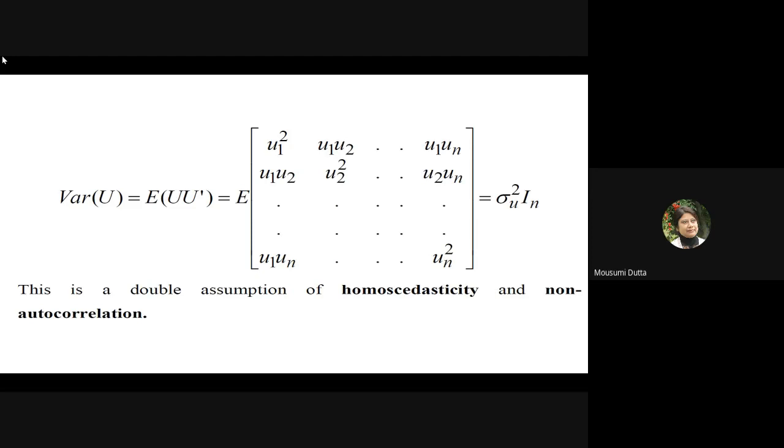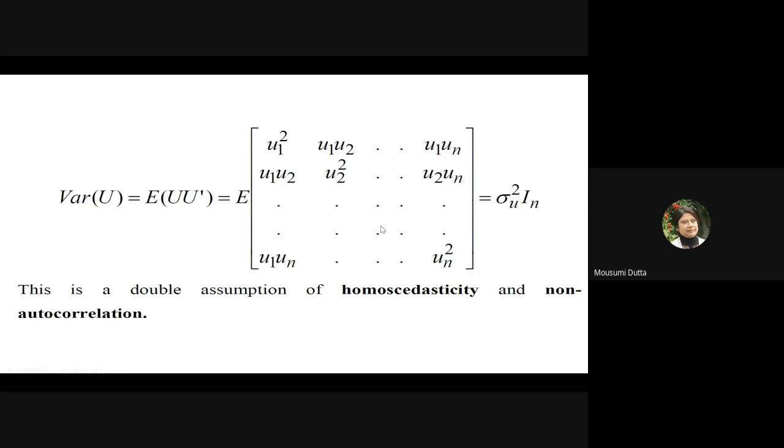Once we get these products, as mentioned, in the next step we will take expectation of all the components. Now if you take the expectation of the components on the diagonal, you get expectation of u1 square, u2 square, etc. All this expectation of ui square is nothing but the variance of ui.